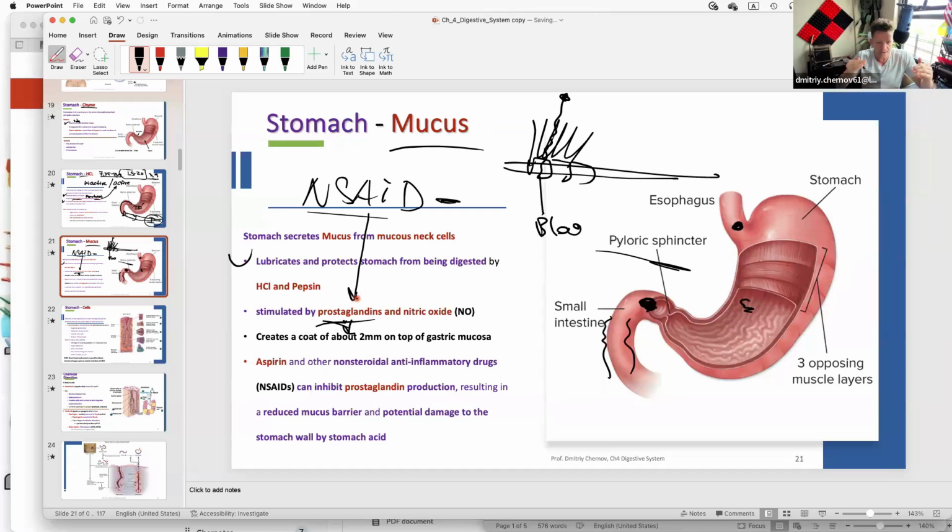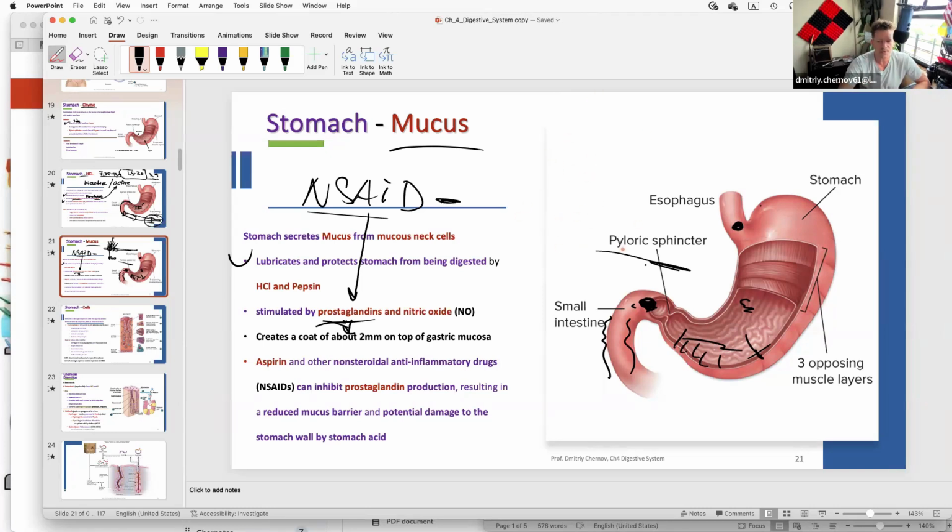If you suppress them, there is less mucus, and damage to the lining, because the hydrochloric acid can get to the lining anywhere. Chronically. Acutely, it's fine, but chronically, people sitting on non-steroidal anti-inflammatory drugs, usually for chronic pain. But then again, if the doctors prescribe, keep taking them. But that's what can happen.